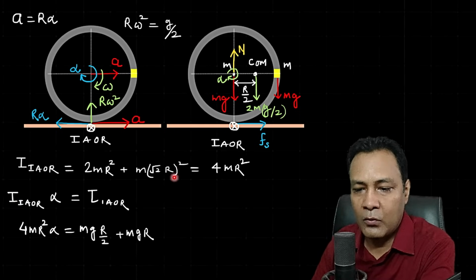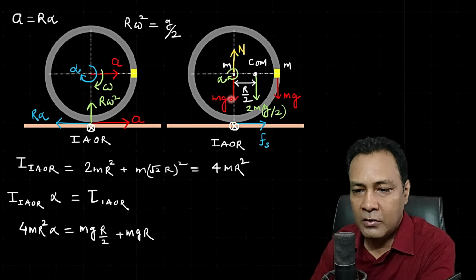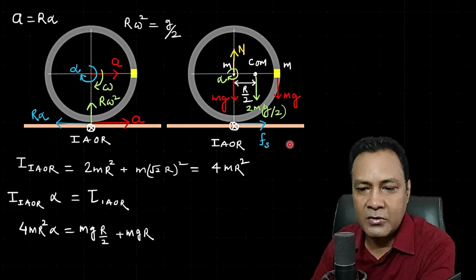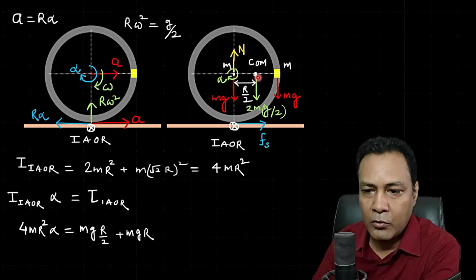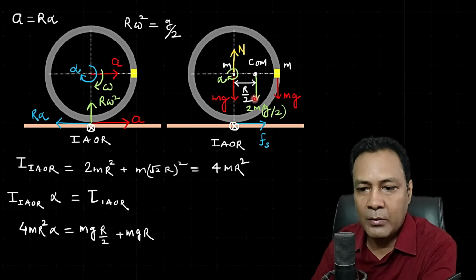Now torque about IAOR is equal to I about IAOR into alpha. So I about IAOR is 4mr square, alpha is alpha, and torque about IAOR. So three torques get cancelled. This mg, N, and f_s, three forces' torque has cancelled because their lines of action are passing through IAOR. The only torque is because of this mg and this mg. Torque because of this mg is mg into r by 2, and torque because of this mg is mg into r.